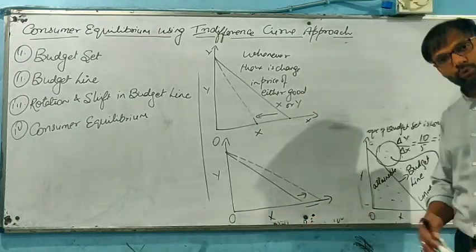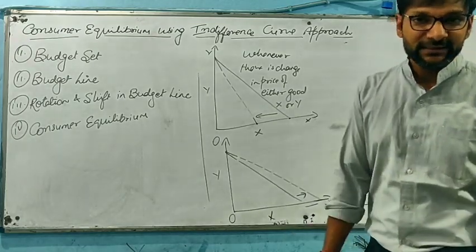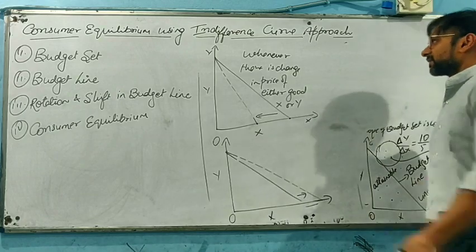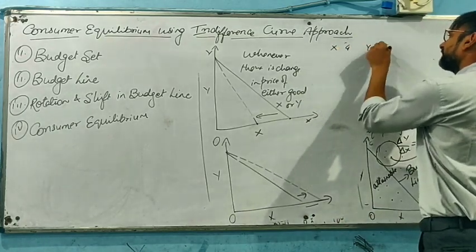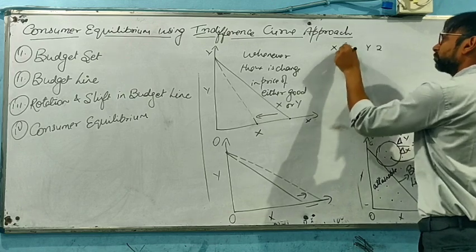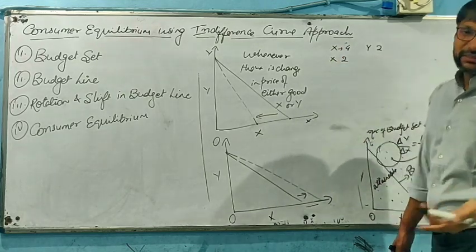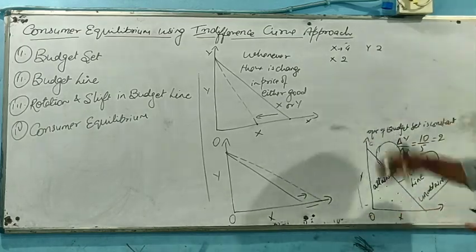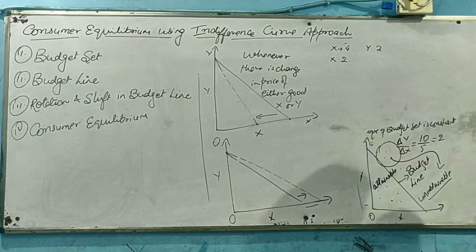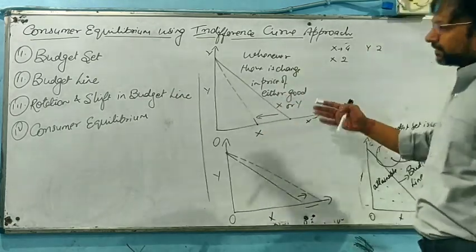The consumer is willing to buy more, since his real income or purchasing power will be increased. Got it? For example, we have taken X as a price of 4 and Y as a price of 2. Suppose the price of X has been reduced to 2, certainly he will be able to buy more, but Y will have the same units demanded by him. Okay? Now, this is what we call rotation.